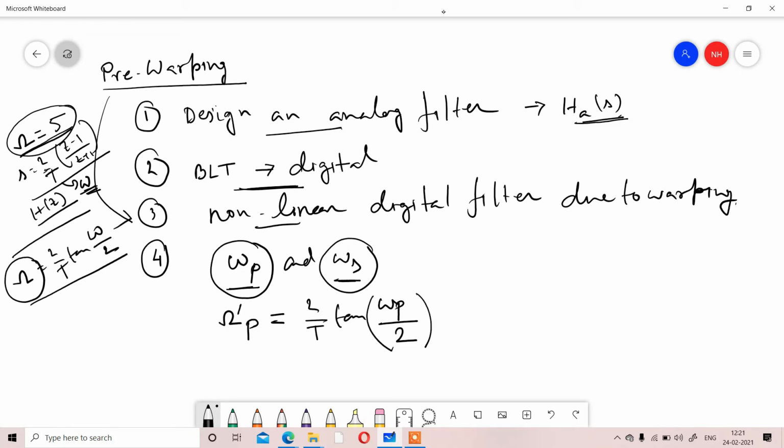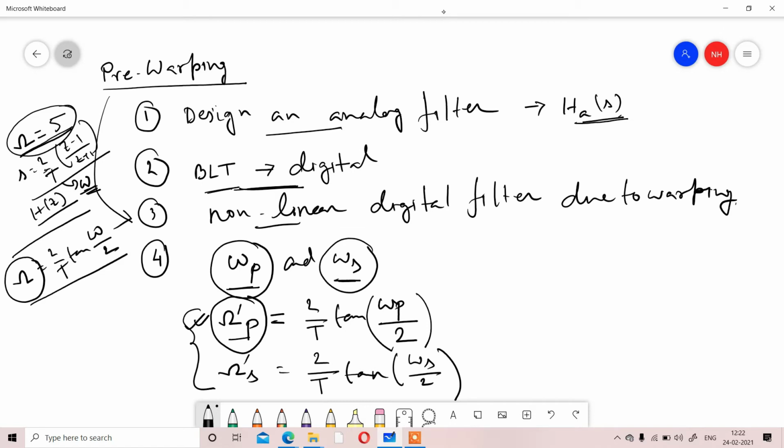This omega p will be after converting by the bilinear transformation method. So the omega p that you are getting is the changed analog passband frequency. That is not the frequency mentioned. Similarly, omega s, the stopband frequency that you will get, is also the changed stopband frequency.